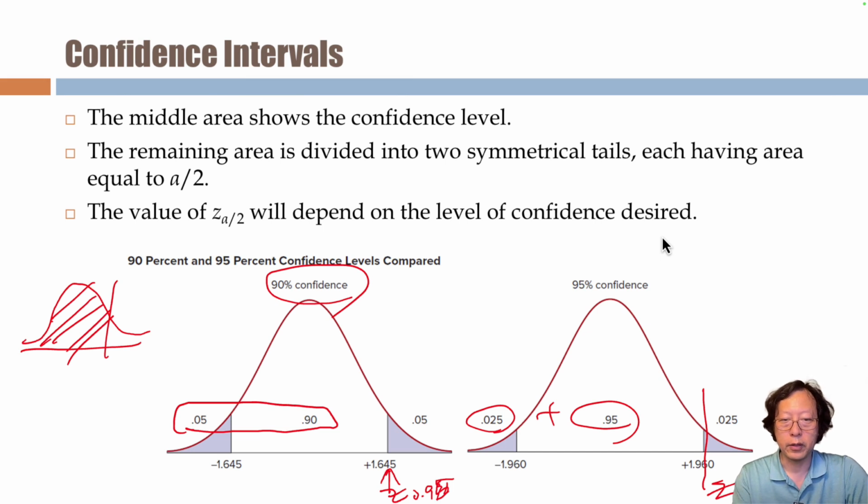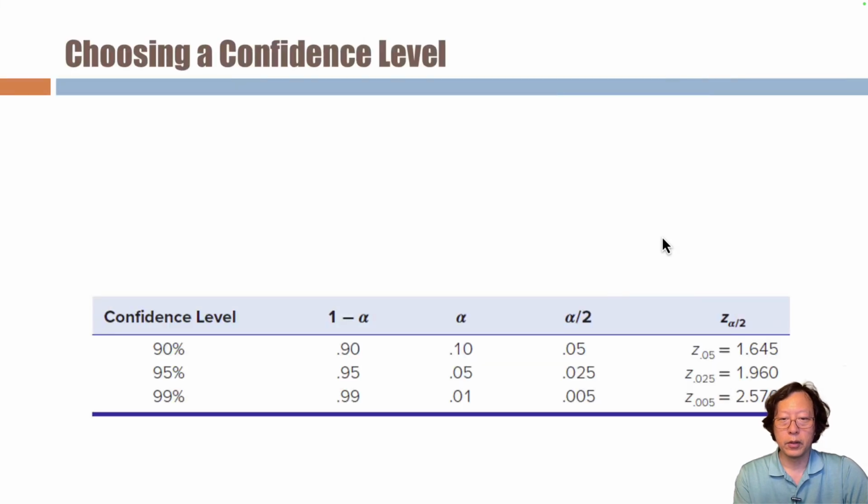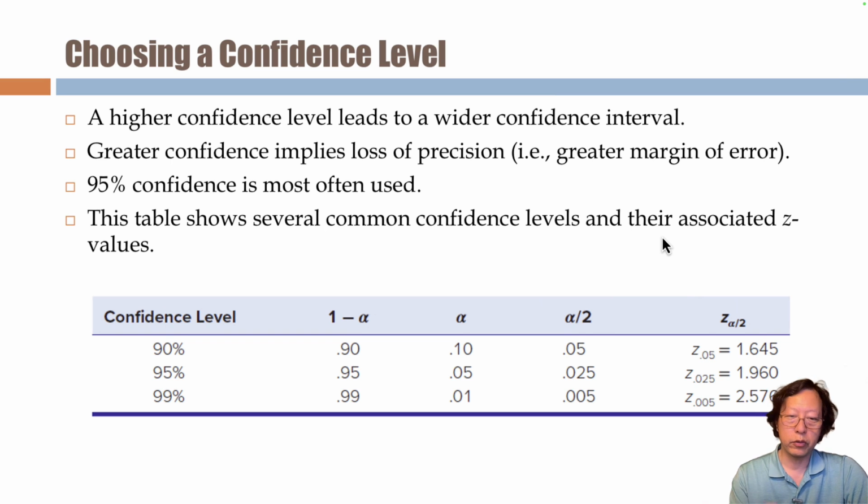Okay, that's how it works. So choosing the confidence interval, you can just choose 90%. 1 minus alpha is 0.9, alpha is 0.1, so alpha divided by 2 is 0.05. So that's why you are looking for these numbers.